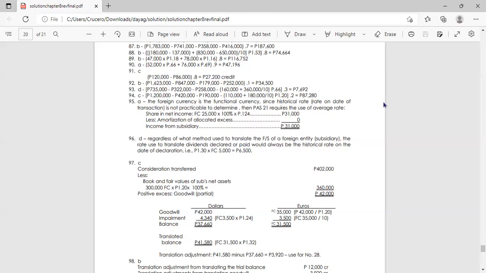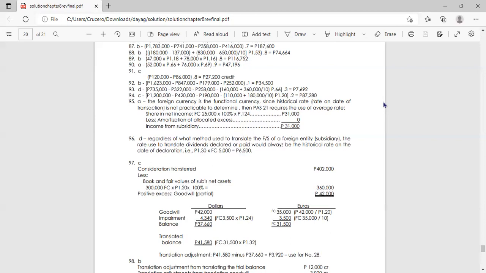Number 93, the question for number 93 is: other expenses, 250,000, and cumulative translation adjustment, 85,000. What is the income to non-controlling interest?